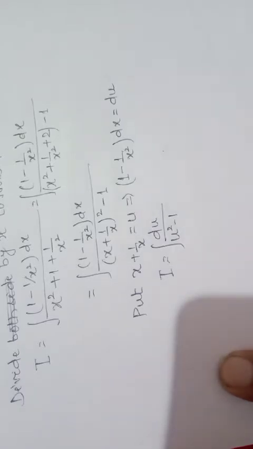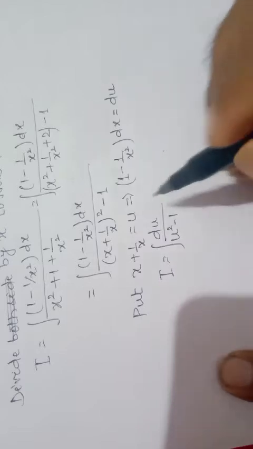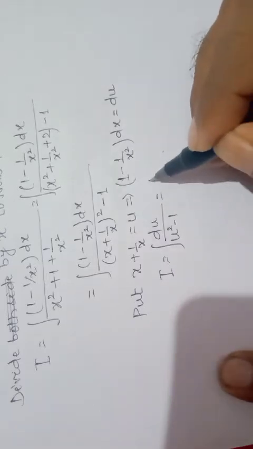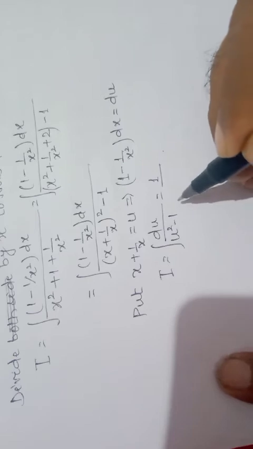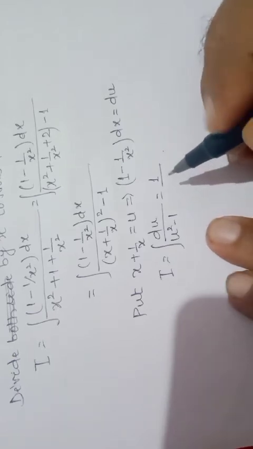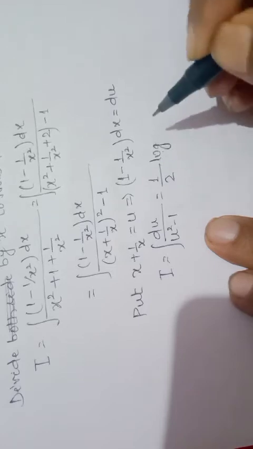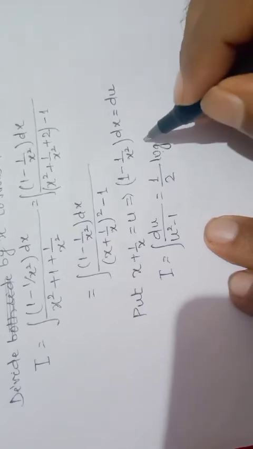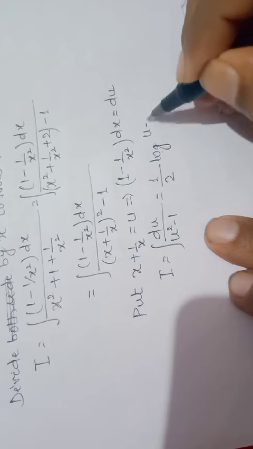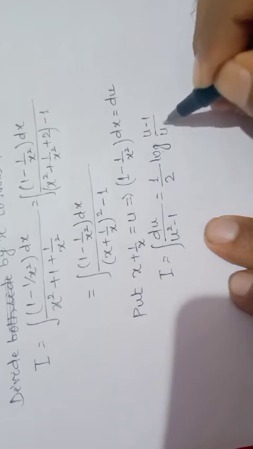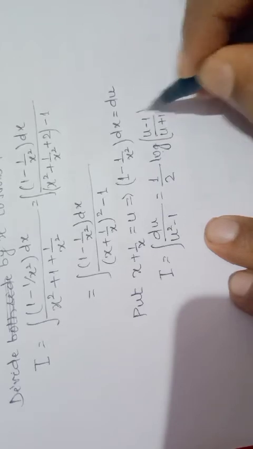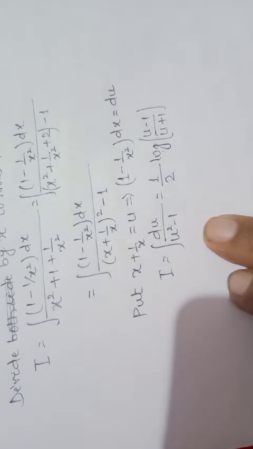Now the integration is very simple. 1 by 2a, a is already 1, so it should be 1 by 2 log of (u minus 1) by (u plus 1). Write it in a bracket. Now write down the value of u.